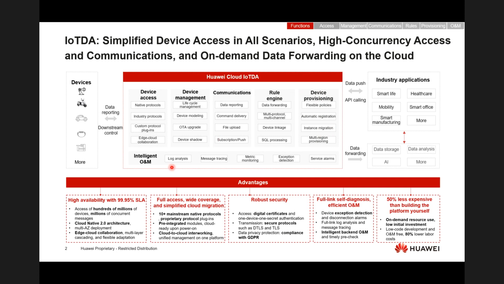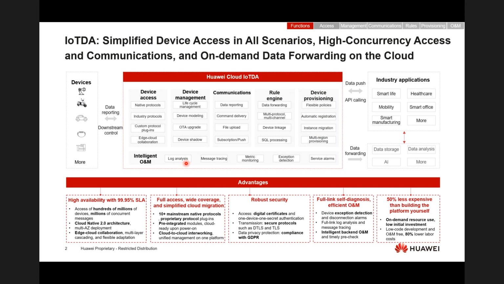For the intelligent O&M, you can see here log analysis. That means we can save the logs, because sometimes there is something wrong with your devices, maybe at 2 a.m., and you cannot wait up that late, right?